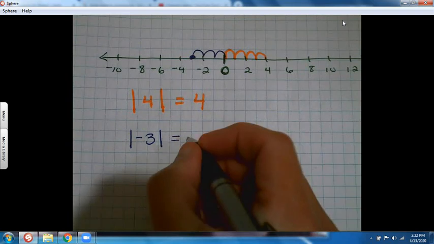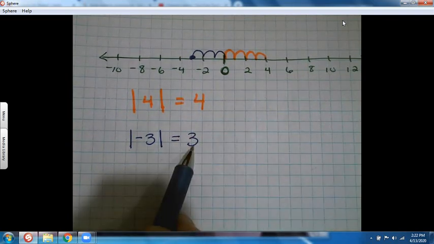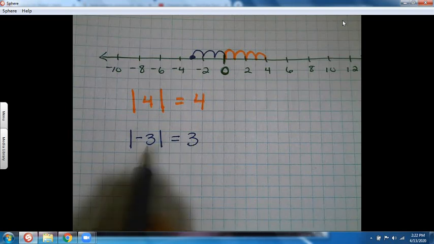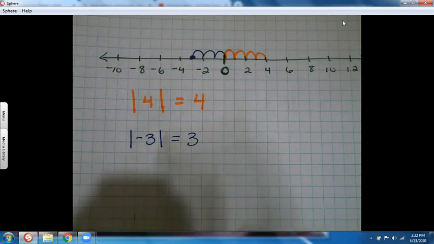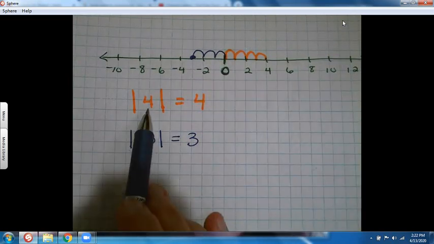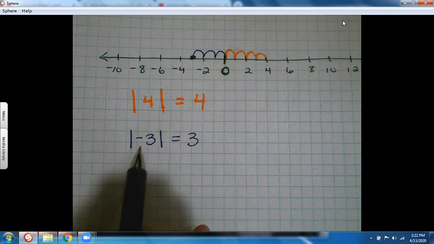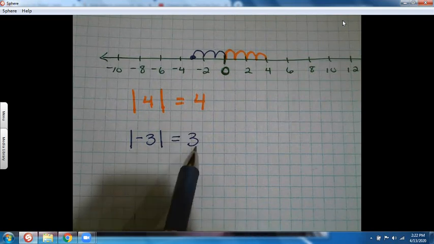It is 3 away. It's not -3, it's 3 away. 3 bumps, 3 units away. So don't think opposite, because then you'll put -4 here. Absolute value is different. These two happen to be opposites.